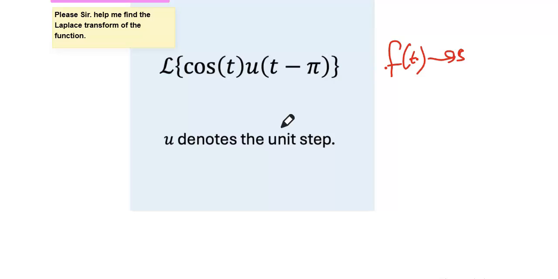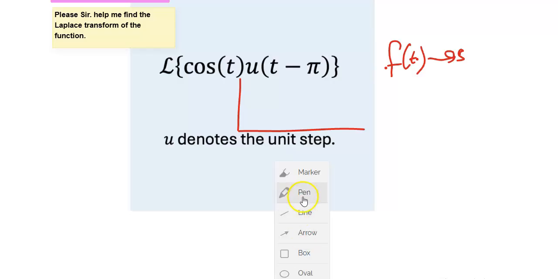If I look at a regular cosine function, because this is cosine, let's say I draw it here. So this is a regular cosine function. What you observe is that if I take a unit function to make it turn on at pi, I will simply have something like this.